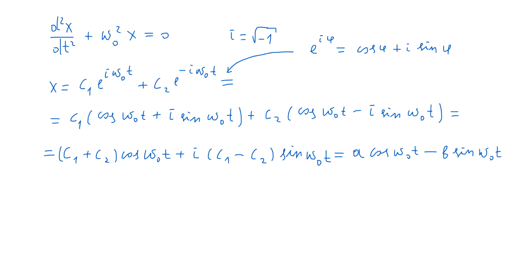So C1 plus C2 must be equal to A, because this must be equal to this, and in a similar way, this must be equal to minus B.